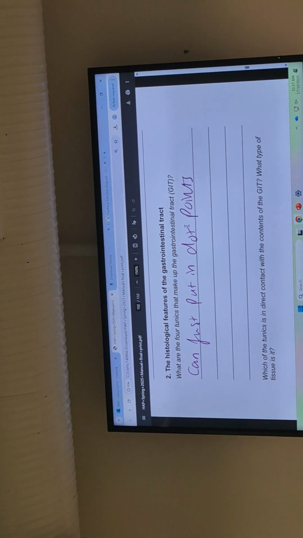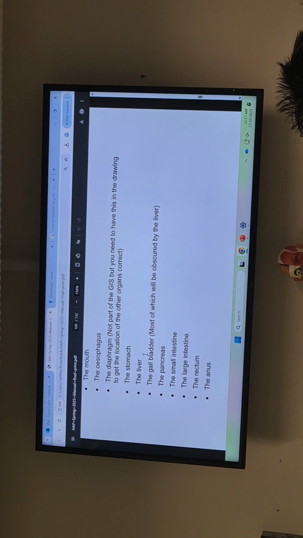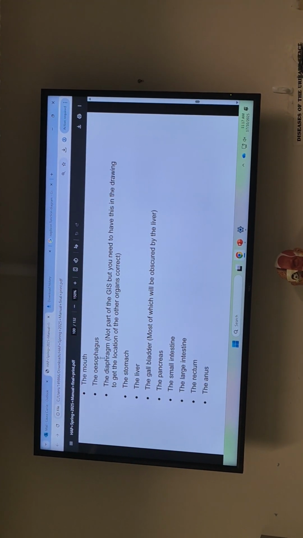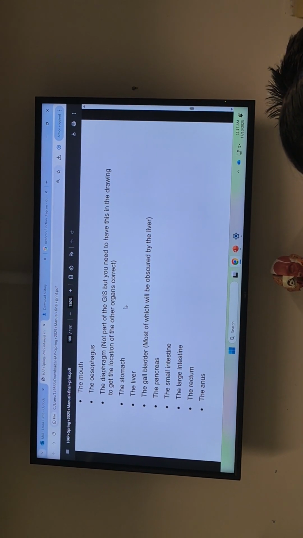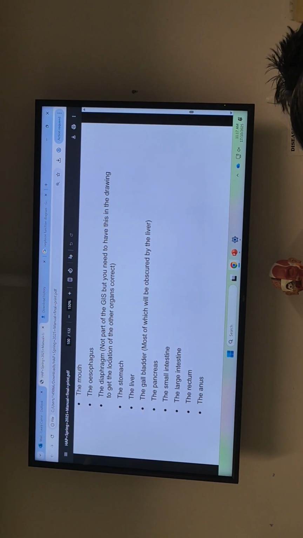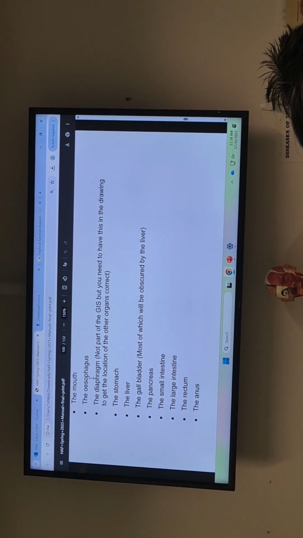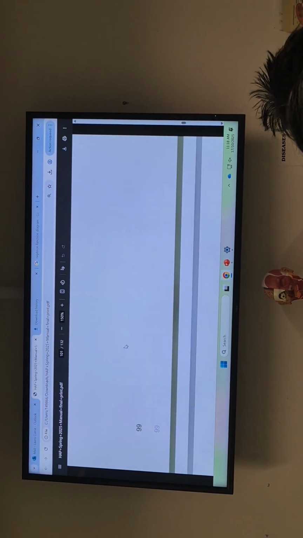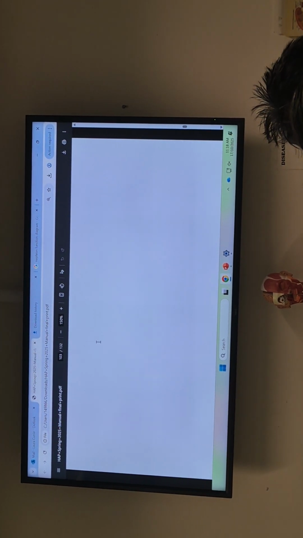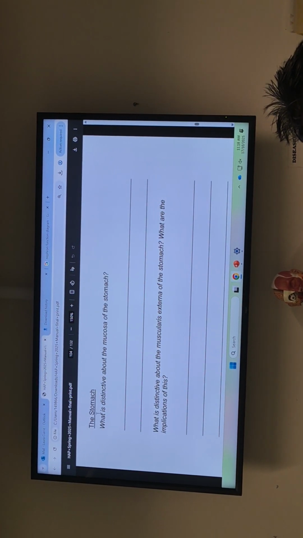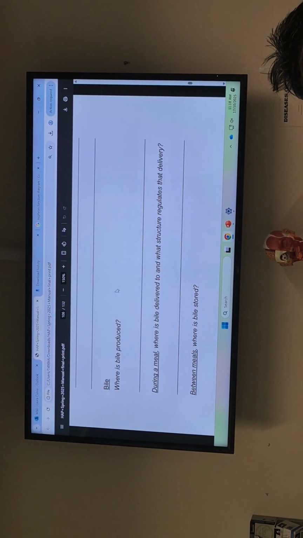An easy way to do this is, since you know all of the different organs of the gastrointestinal system, you can list down all of them, probably not the diaphragm, don't really need to know that. But most parts of the gastrointestinal system listed down here. For example, you've got the esophagus, the stomach, the small intestine, large intestine, gallbladder, liver, etc.